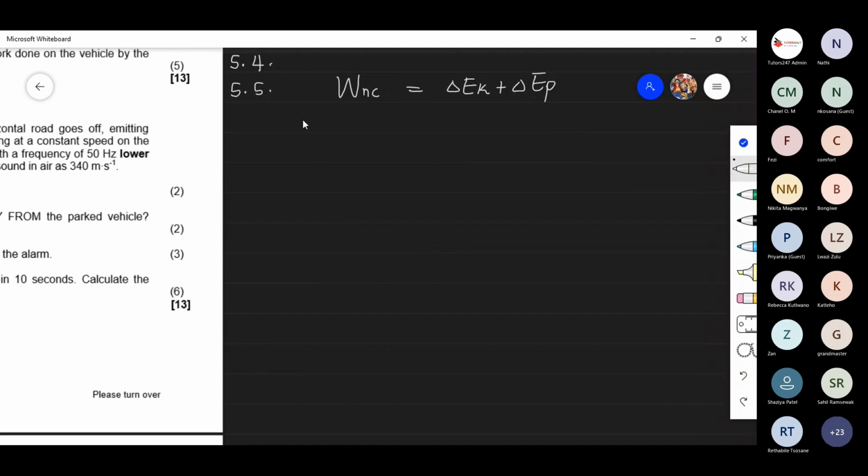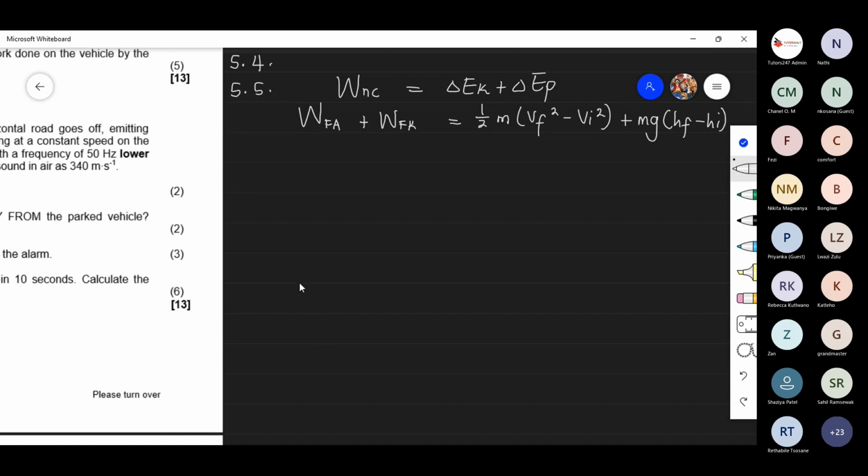So when I break this up, I'm going to break it up into the work done by the applied force plus the work done by kinetic frictional force is equal to, now we previously broke this formula up when we first started today's class, we know that this is a half mass into VF squared minus VI squared plus mg H final minus H initial.